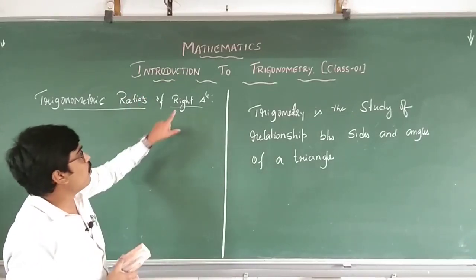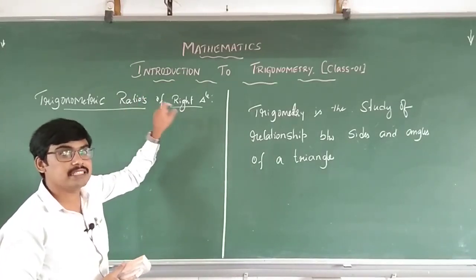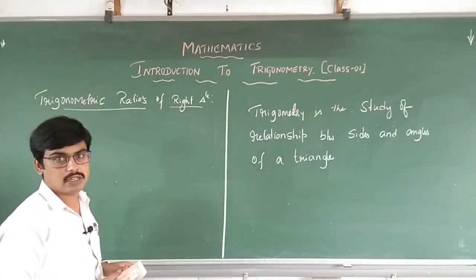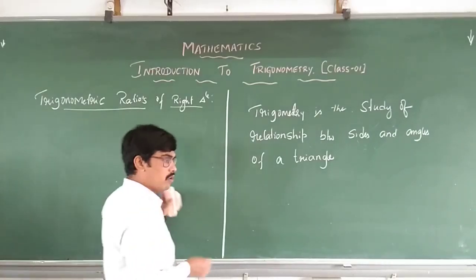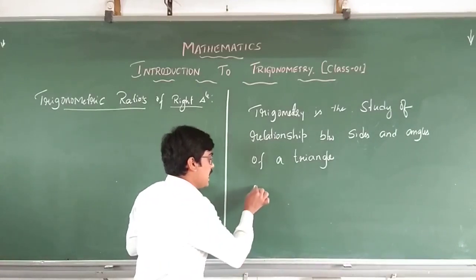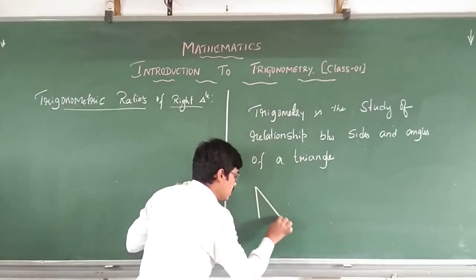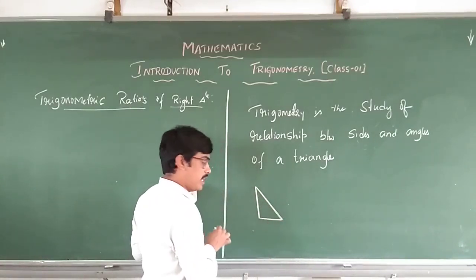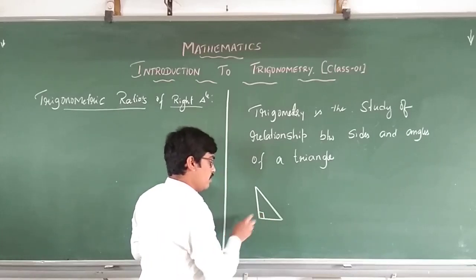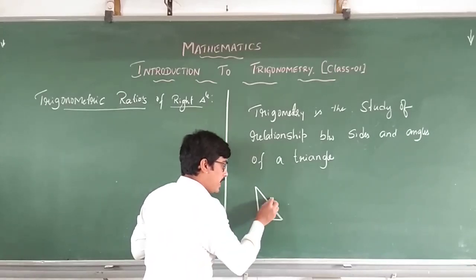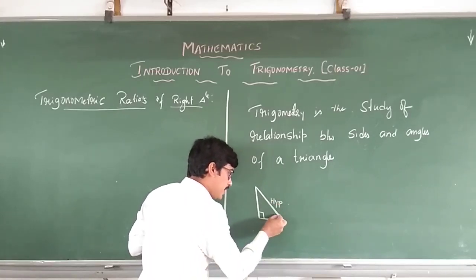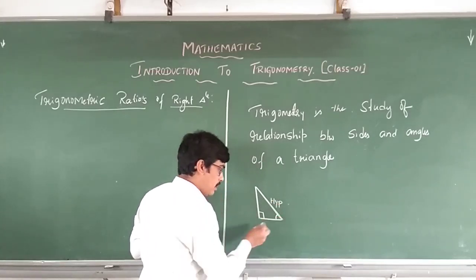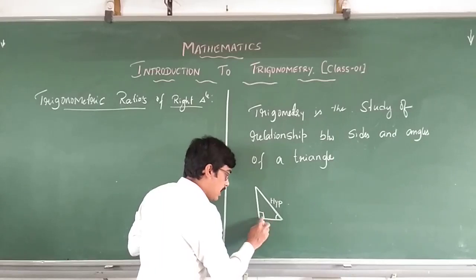Why are we taking only the right triangle? Right triangle means right angled triangle. Why only right angled triangles? Because in a right triangle, dear students, we know the side opposite to the right angle is called the hypotenuse, and if I take an acute angle here, we will call the adjacent.